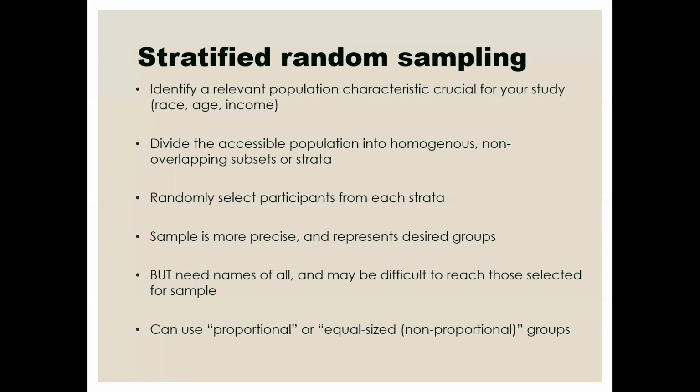It could be for disease categories, it could be those with low risk of disease, moderate risk, and high risk, and you divide them into 3 groups, and then you randomly sample amongst the low, amongst the medium, amongst the high risk. So you are random sampling, but there is a selection first. And I'll show you ways that you can make your sample either match, be proportional to the population, or not.